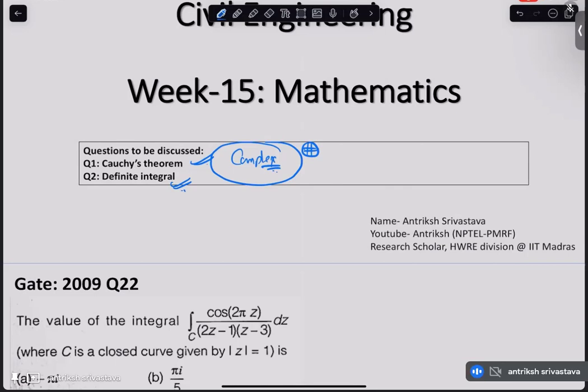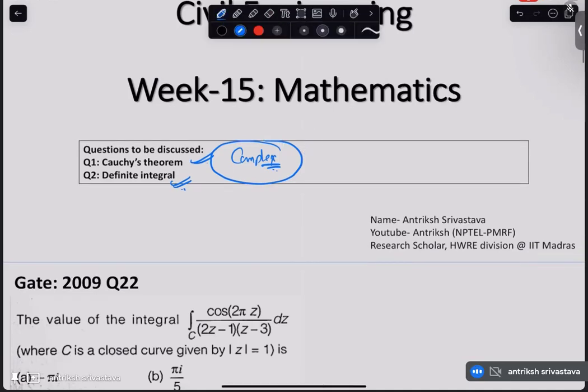In ECE, there are good chances of this being asked, but in civil engineering GATE, it's not that popular. So we are going to look at only some theorem-based questions, and then we'll look into Green's theorems.